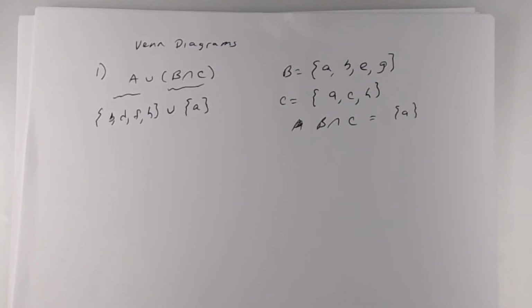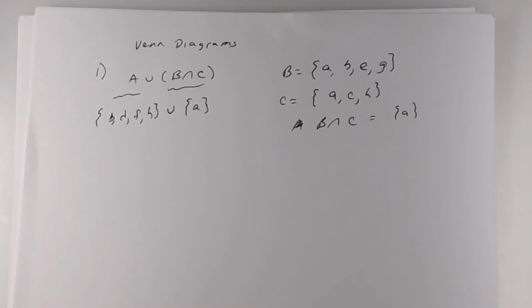So what's the cardinality of set A? Four. What's the cardinality of the intersection of B and C? One. They're different elements, so my answer is going to have what cardinality? 5. Okay.